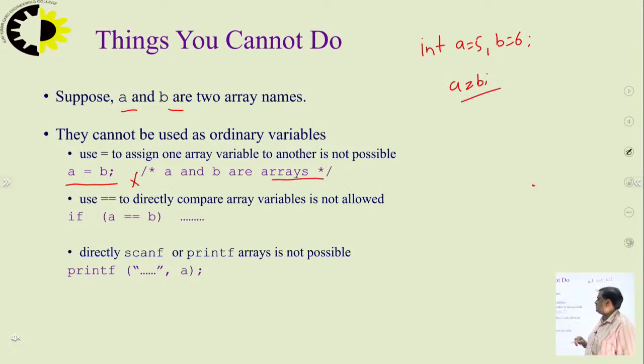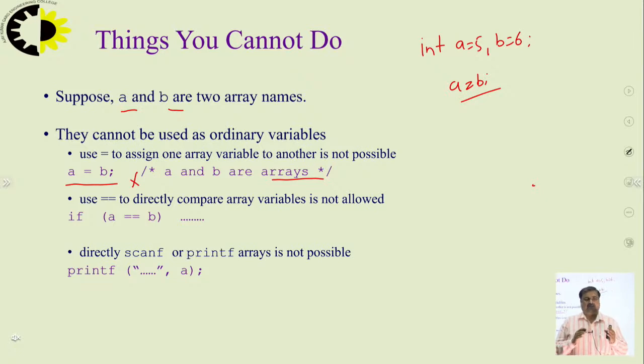A and B are arrays, so we cannot do this. We cannot use equality operator with arrays. We cannot compare. I hope some of you know how and why this happens.